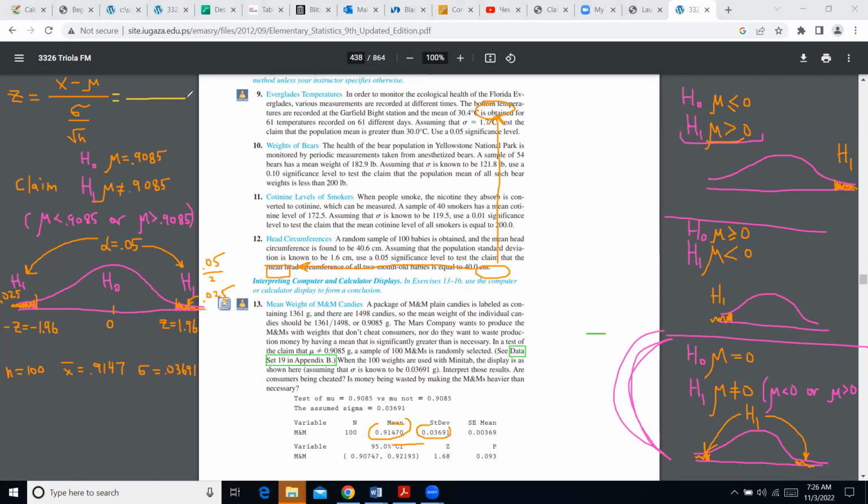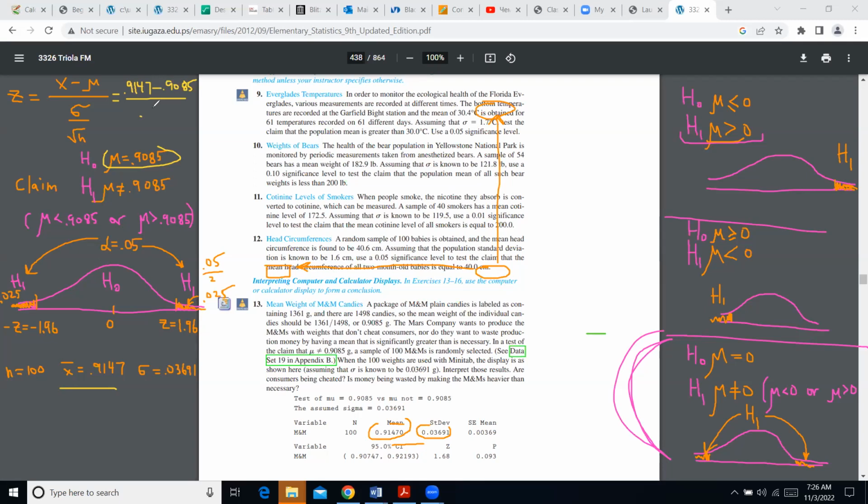So I subtract from the value of x, which is 0.9147, the mean that the company claims, it's always in the claim, so 0.9085, and we'll test and see if that company could be in trouble because they're making the wrong claim.